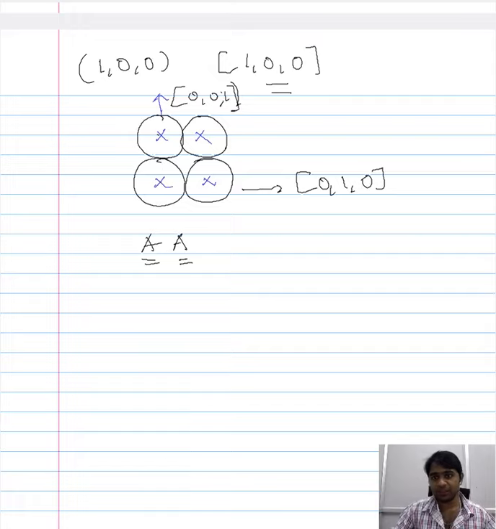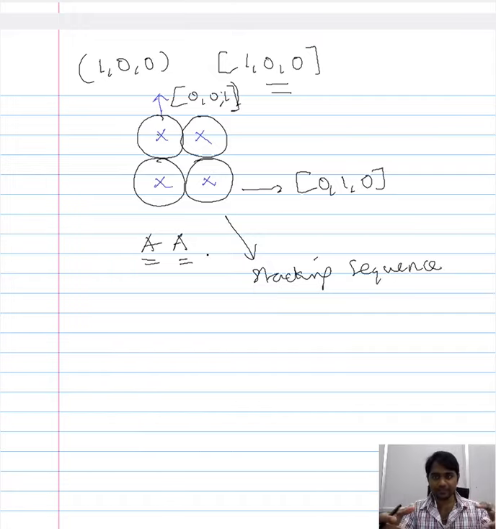And this way of representing the atomic arrangement is referred to as the stacking sequence. So what we are essentially doing is stacking the atoms one over the other for a given set of planes along a particular direction. And when the atomic arrangements in these planes are identical, we assign them the same letter.